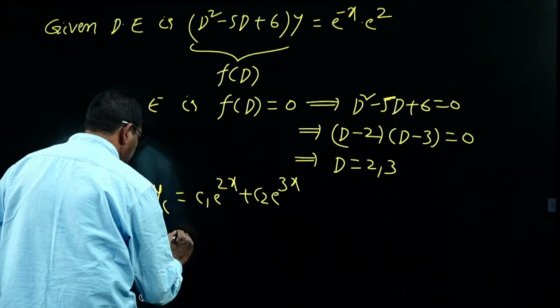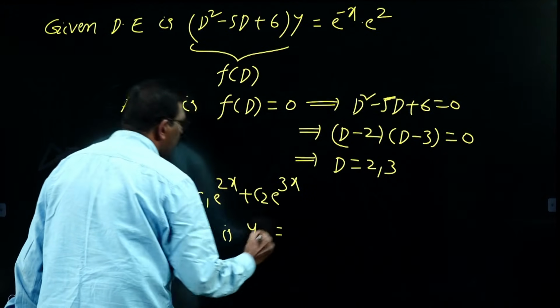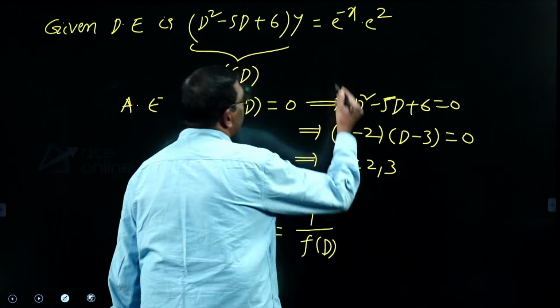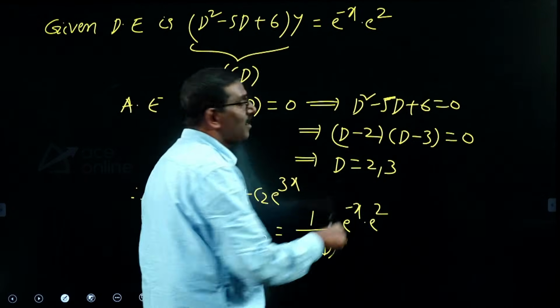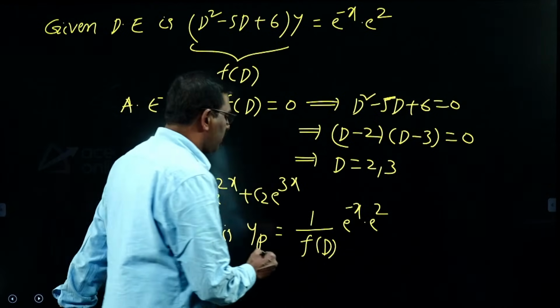For the particular integral, what is it? Yp is equal to 1 by f of D of Q of x. What is Q of x here? E power minus x into e square. With this integral operator, I have to operate on this. What is that operator?